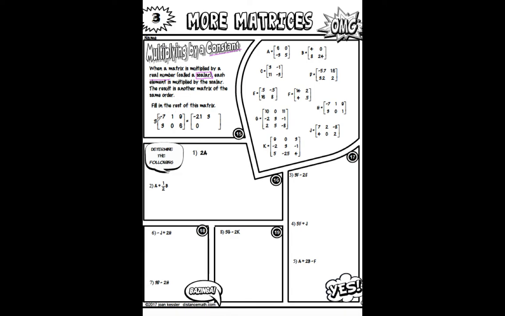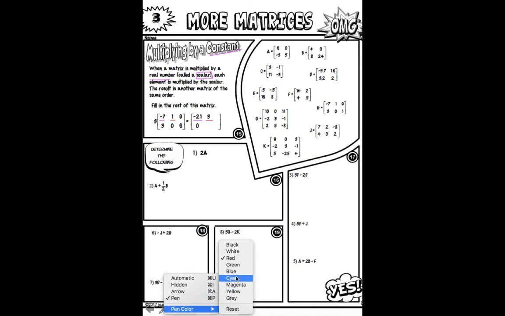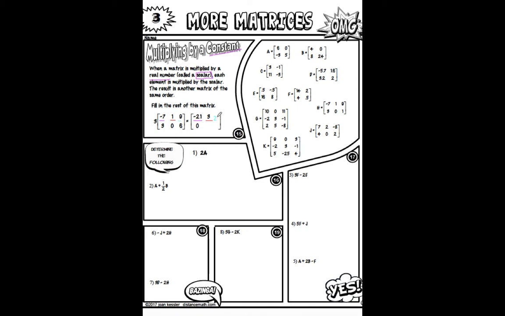So for example, 3 times -7 would give me -21. 3 times 1 would give me 3. 3 times 9 would be 27. 3 times 3 would actually be 9 and not 0.